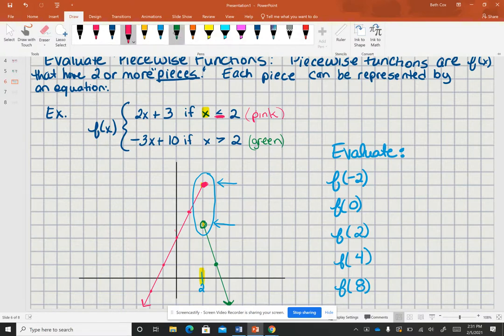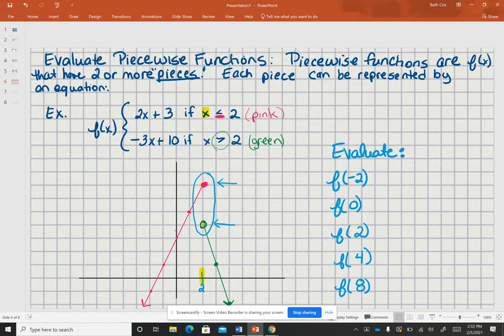The green one doesn't own 2. There's no equal there. It's just where it stops and starts. That's the handoff. But 2 does not belong to the green. There's no point there that belongs to the green. It's just microscopically close to that point. And so that's the handoff point.